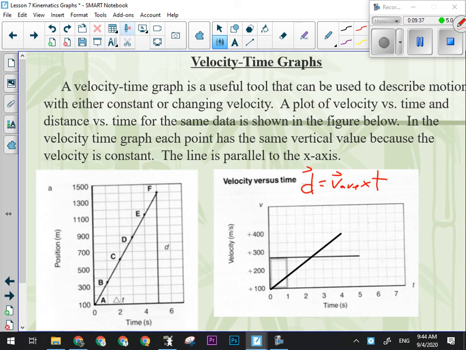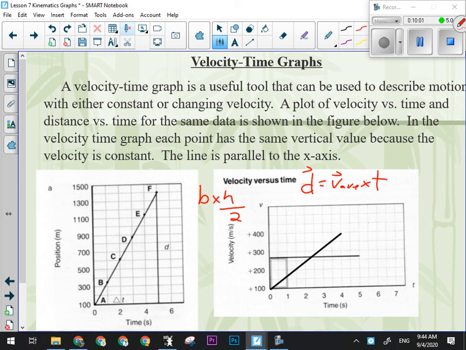Can I find the area of a triangle? How do I do it? Base times height over 2. This thing accelerates from 100 to 400 meters per second. Its average velocity, which is what I need here, is halfway in between 100 and 400. Would you agree?